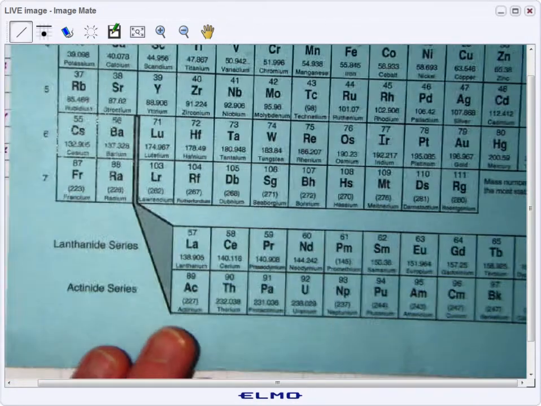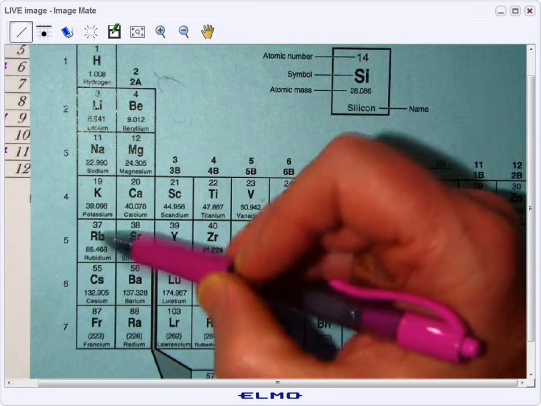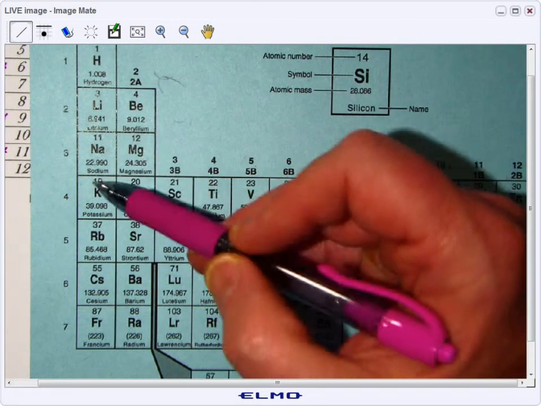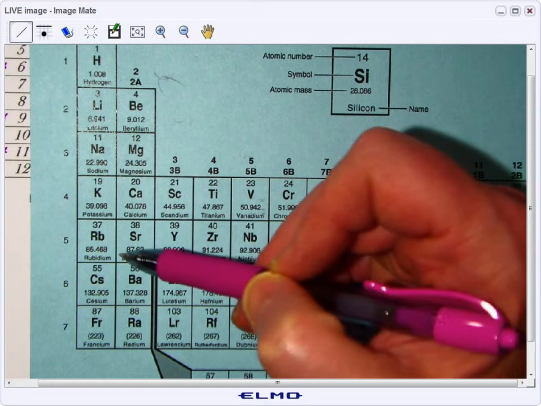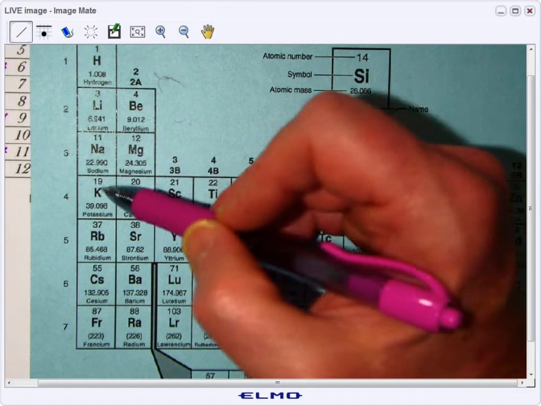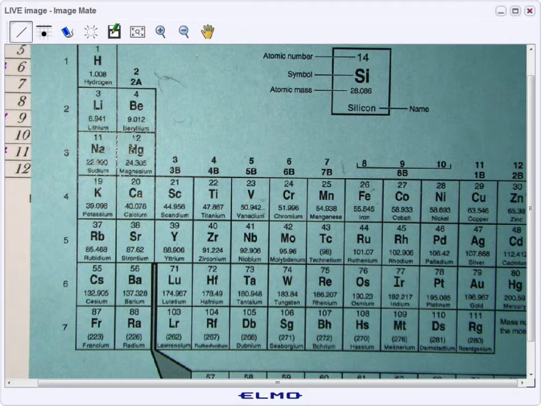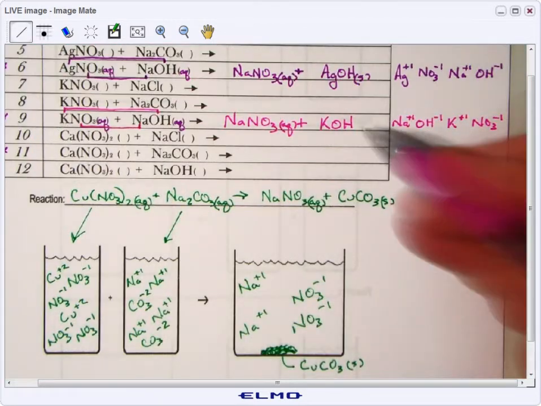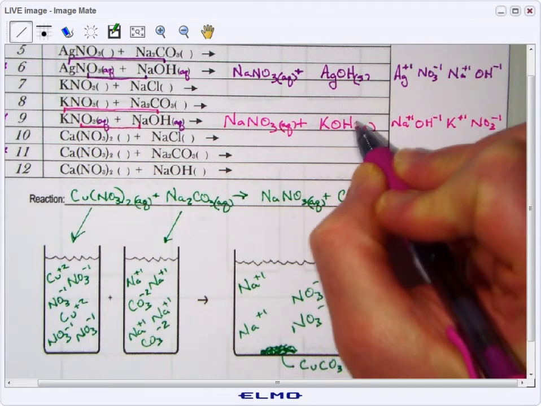So one of the other things that can help you a little bit, any of these, no matter what they're attached to, will always dissolve in water. Always, always, always. So anytime you have Li, Na, K, you're always going to write an AQ behind it. So that happens to be one of those. So that's also going to be aqueous.